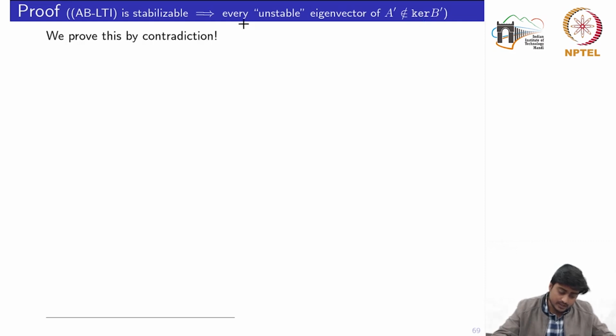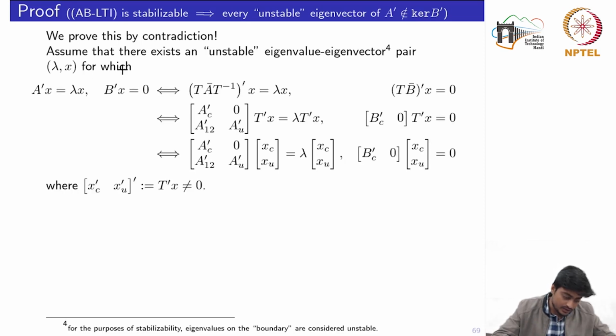That is to say, there exists an unstable eigenvector of A transpose which is in the kernel of B transpose, which implies that the pair (A, B) is not stabilizable. Okay. So assume that there exists an unstable eigenvalue-eigenvector pair (lambda, x) for which these two equations are satisfied. A transpose x is equal to lambda x, meaning that x is the eigenvector corresponding to an unstable eigenvalue. That's why we are calling it an unstable eigenvalue-eigenvector pair (lambda, x). Okay.